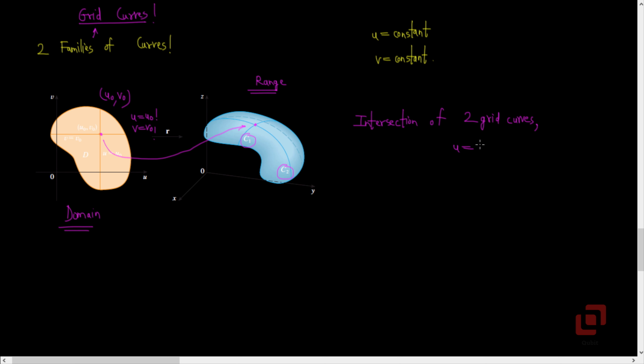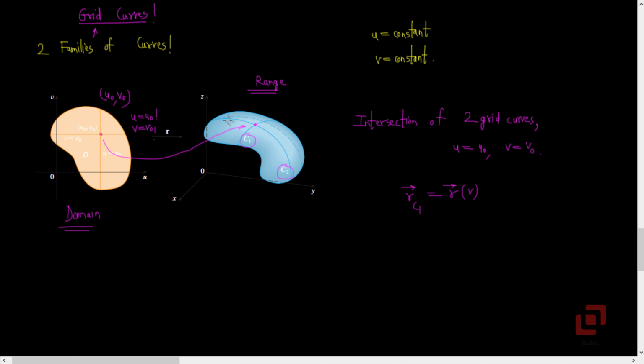First one u equal to some constant, second one v equal to some constant. So for the curve C1, where we have assumed that the parameter u takes the constant value u0, we can say that r bar of C1 is a function of v only.